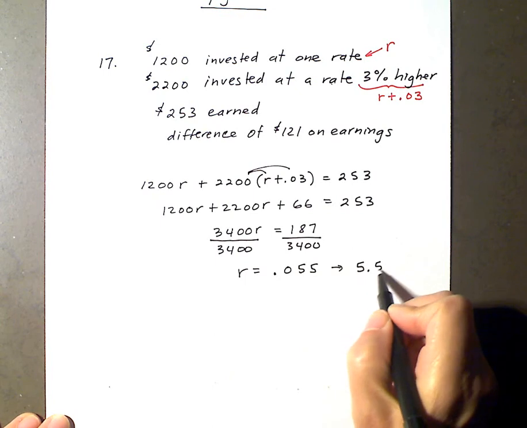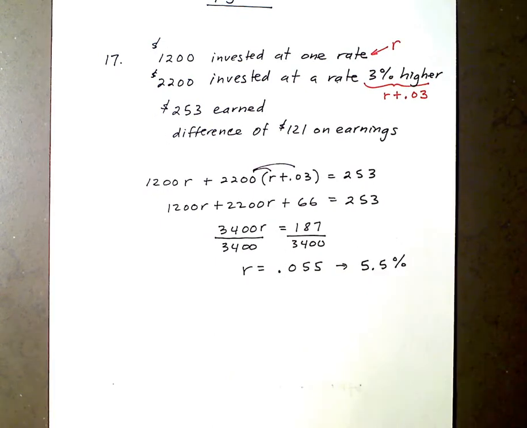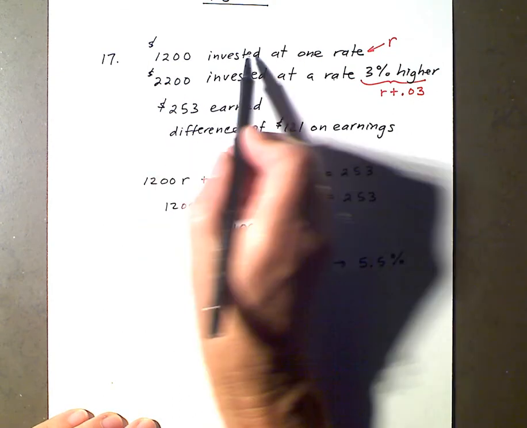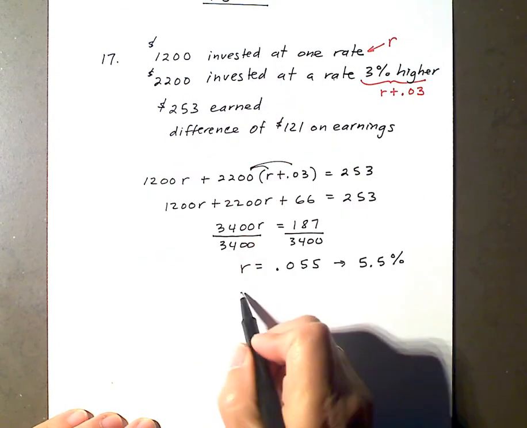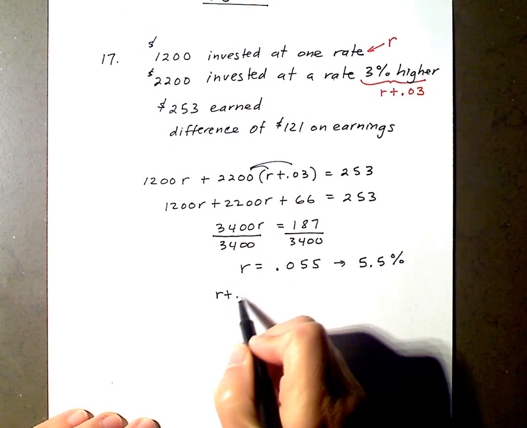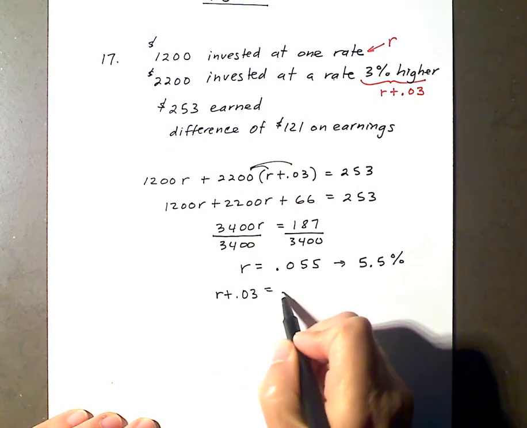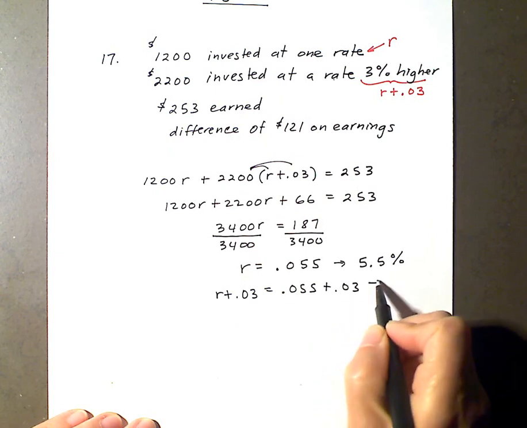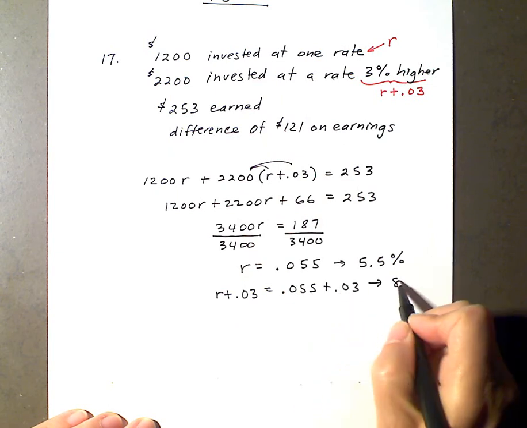5.5%. Okay, so that's the rate that I earned on the $1,200, and on the $2,200 investment, it was 3% higher, so it's plus 3%, which is 8.5%.